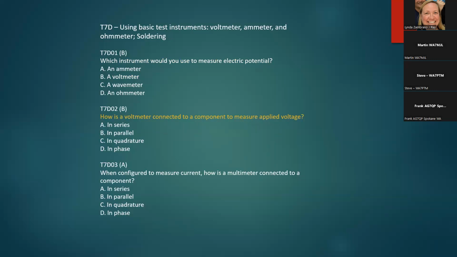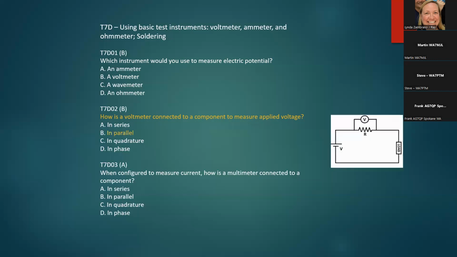A and B are possibilities, but the correct answer is you want to measure voltage in parallel to a component that you're testing. In the example here in the picture, you see that you have a voltmeter connected in parallel to this resistor, which you want to measure the voltage across.